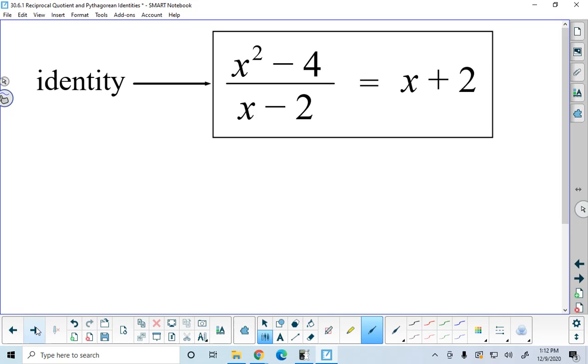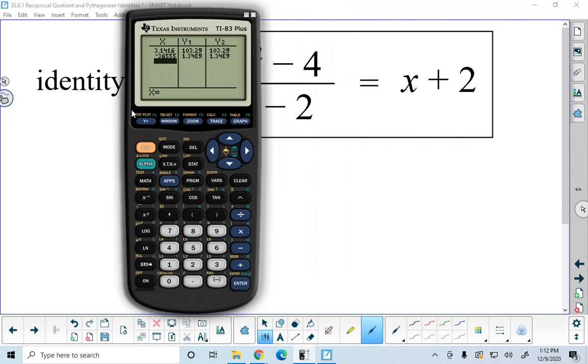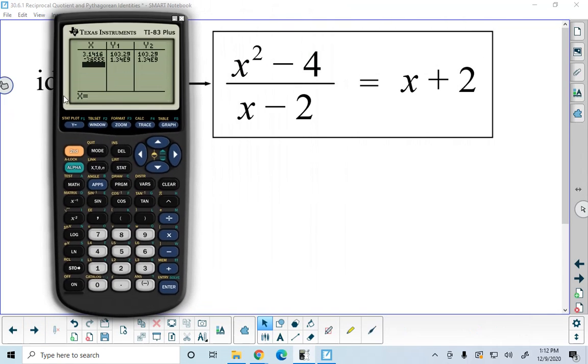Now let's show that this is always true by looking at it in our graphing calculator. So I would like everybody to enter the left side in for y1 and the right side in for y2. And we are going to reset our calculator table features to be on automatic. So you're going to go to your table setup, which is second window.